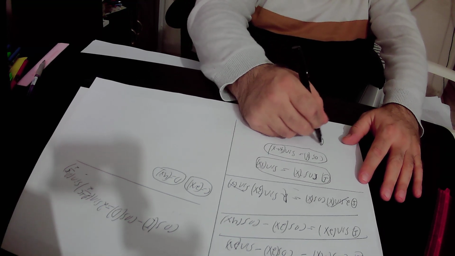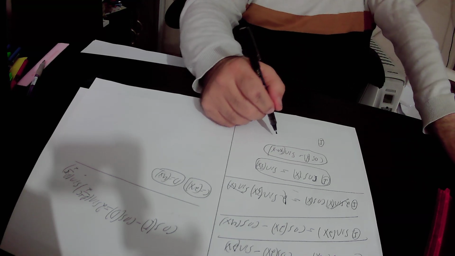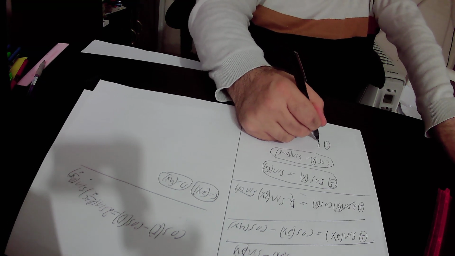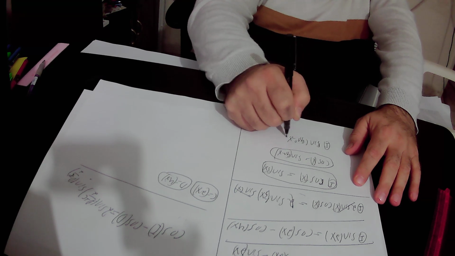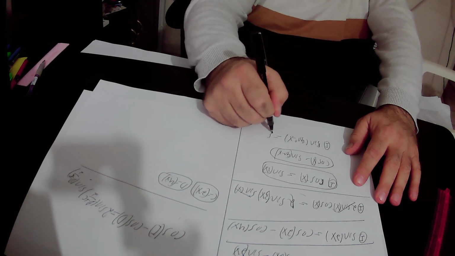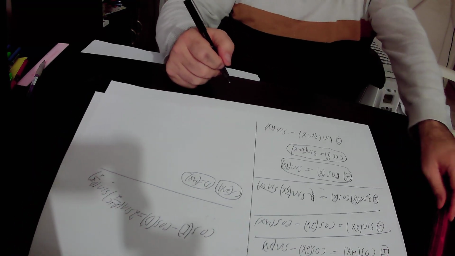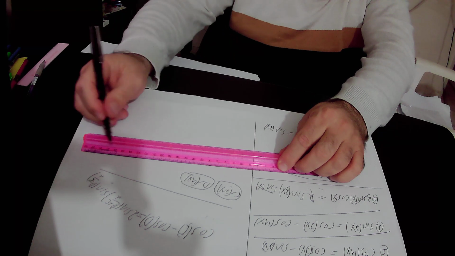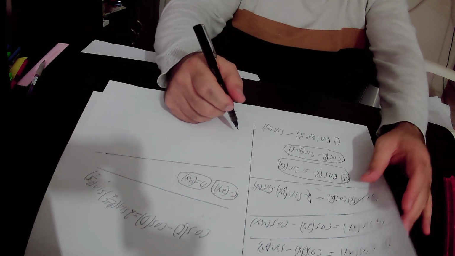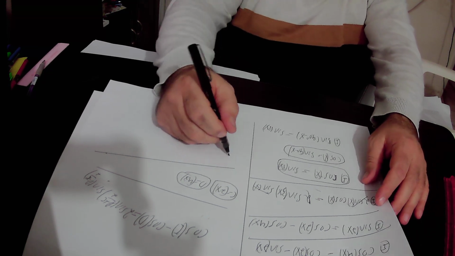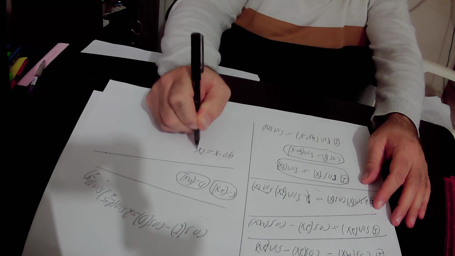So we'll do it and we'll get that cosine x equals sine of (90 degrees minus x), and it equals sine 3x. So sine of (90 degrees minus x) equals sine 3x means that 90 degrees minus x equals 3x.